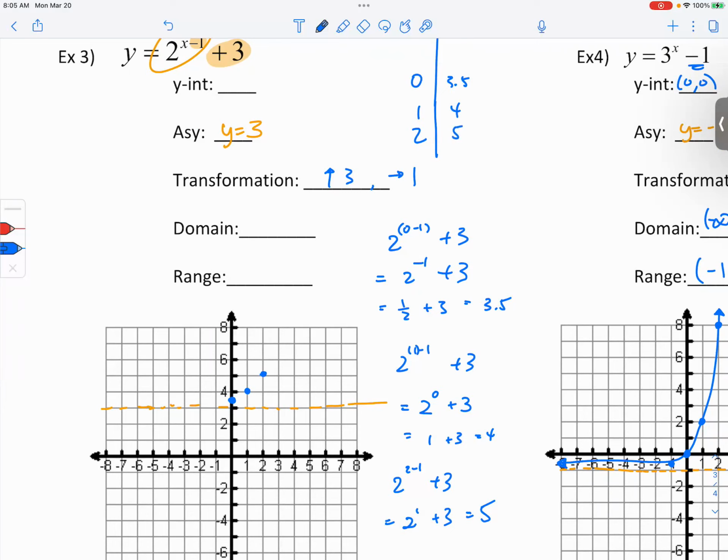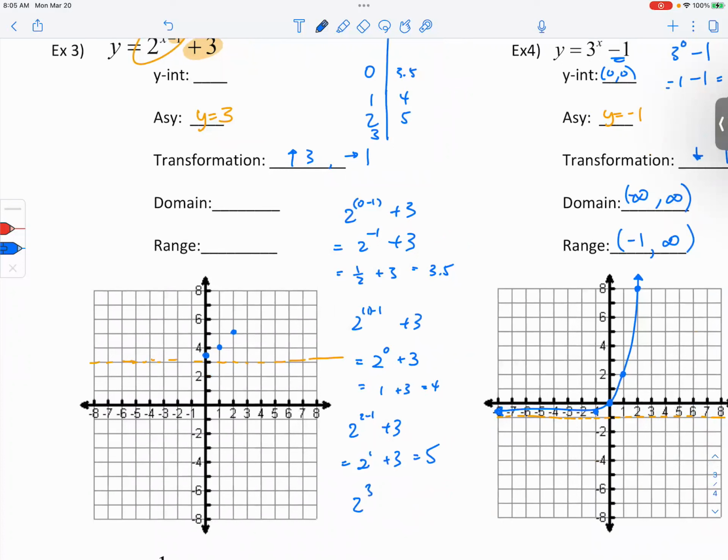Okay, so if you want to, you can keep going. What about 2 to the third power? 2 to the 3 minus 1 power plus 3 would be 2 squared plus 3, which is 7. Okay, so you can just go ahead and draw the graph.